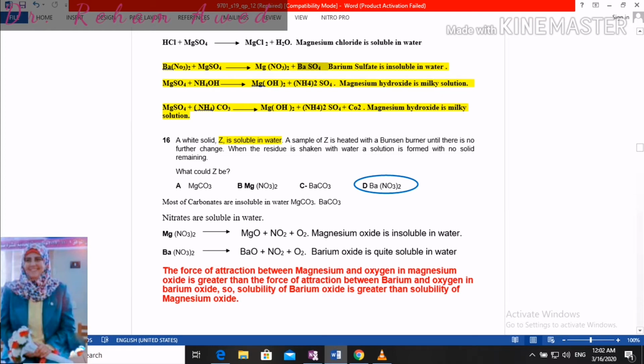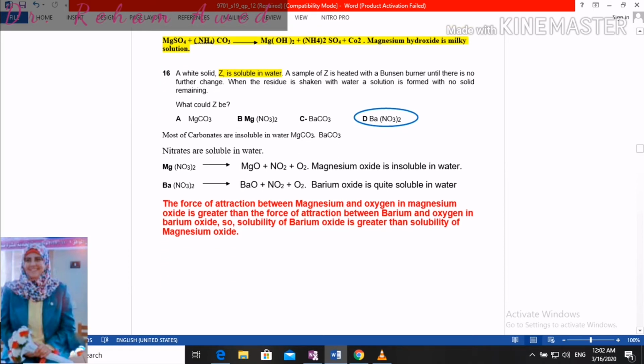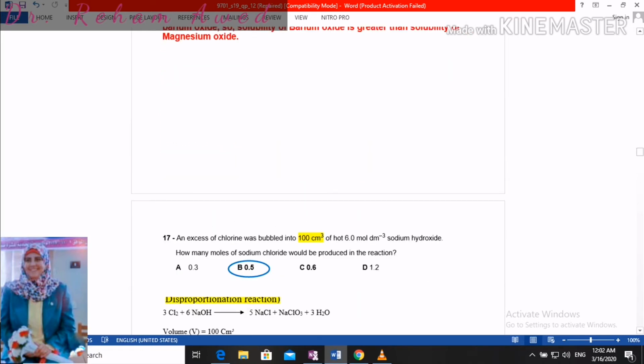Its interaction is greater than the force of attraction between the barium atom of large atomic size and oxygen in barium oxide. So solubility of the oxides will increase as we go down. So the best choice for solubility in water will be barium nitrate. After heating, it will form barium oxide, which is quite soluble in water and its solubility is higher than magnesium oxide. Okay, now we will transfer to question 17.